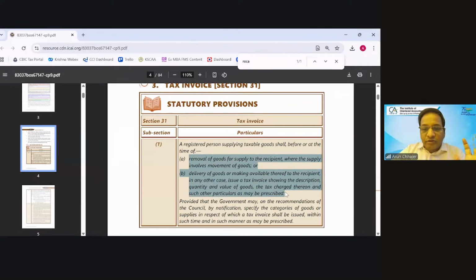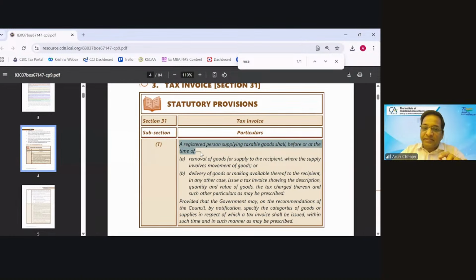They are saying, if the removal of the goods for supply to the recipient, where the supply involves the movement of the goods, then what is the last date to issue the tax invoice? The date of removal of the goods for supply to the recipient.